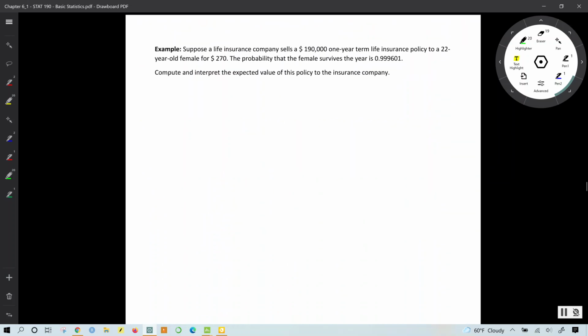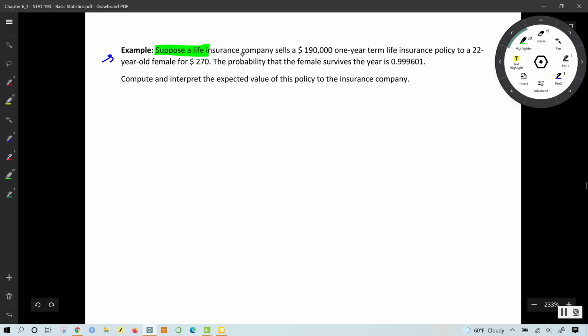In this example, we have an applied instance of expected value or the mean of a random variable. We're told to suppose a life insurance company sells a $190,000 one-year term life insurance policy to a 22-year-old female for $270.